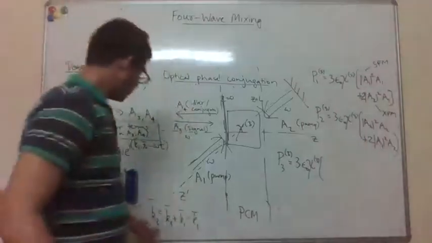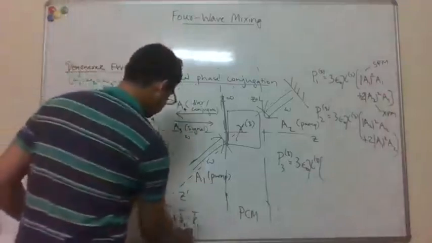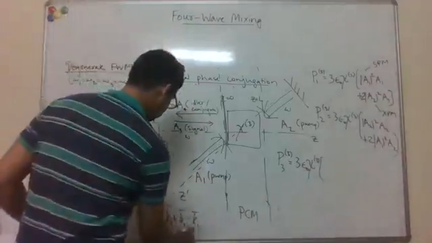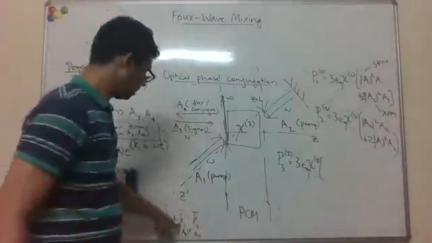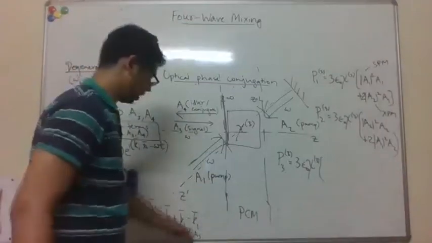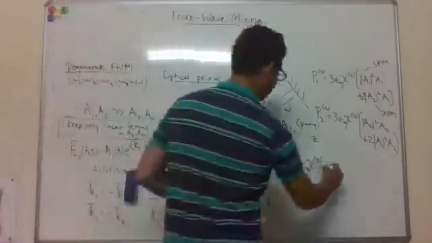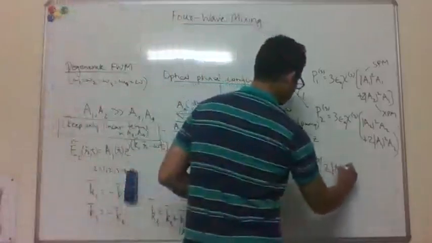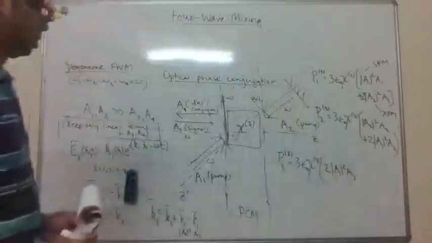So I could get K3 as K3 plus K1 minus K1. So this is again mod A1 square A3, right? K1 and minus K1 give A1 and A1 conjugate, and then K3 from A3. So that's the cross phase modulation from 1 on 3, right?